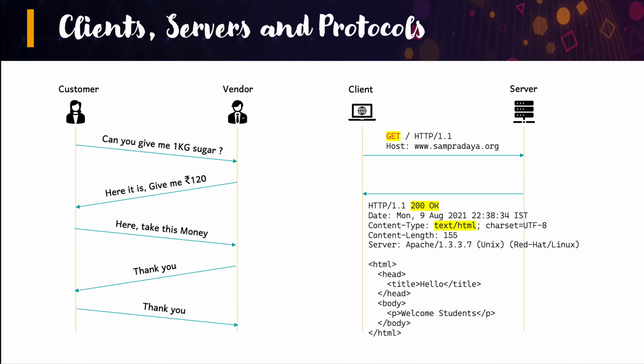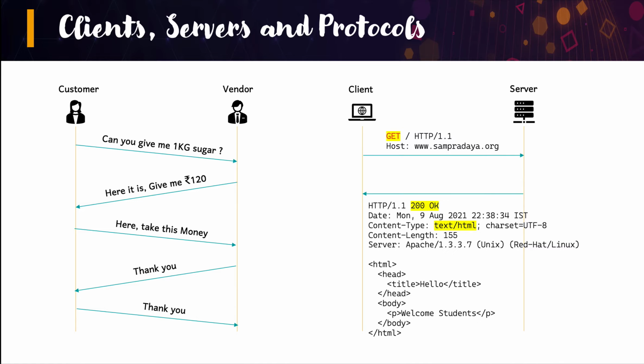And then it gives out some additional details about the specific web page that is requested. It says that the file was created on such and such date. It is an HTML file. It is simple Unicode, UTF-8 characters. It is 155 bytes in length.